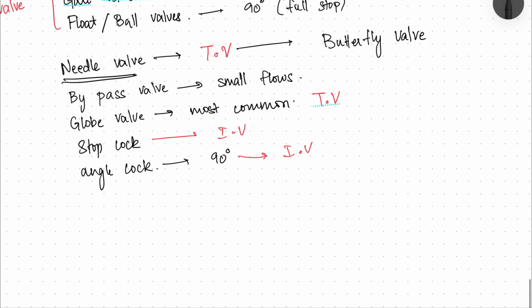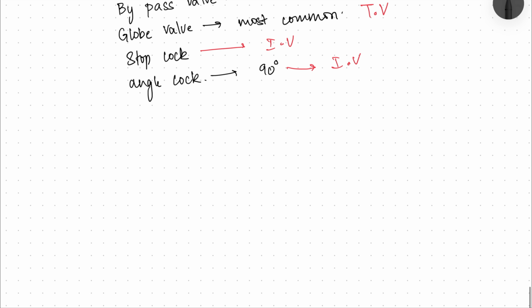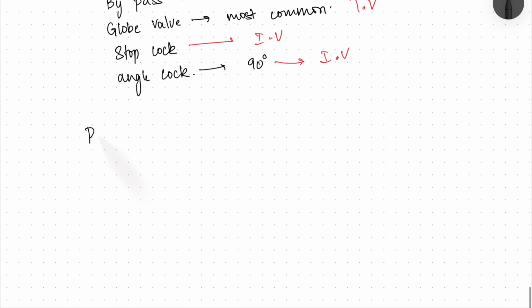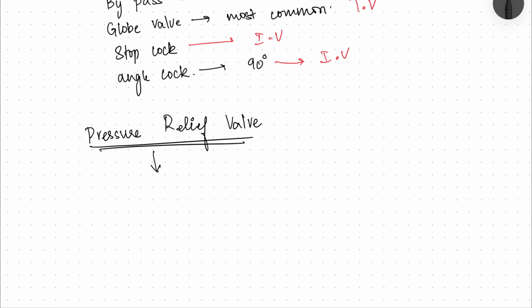Now, let's talk about some other valves as well. There is something called pressure relief valve. In a pressure relief valve, it is normally off. Then when the pressure of the water is too high, it automatically turns on and lets out the excess water. So that is your pressure relief valve.